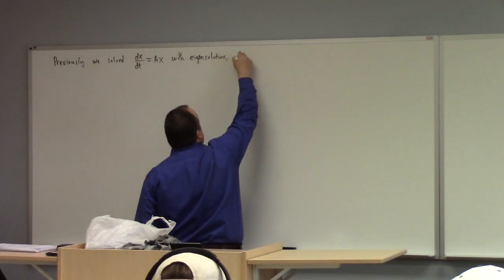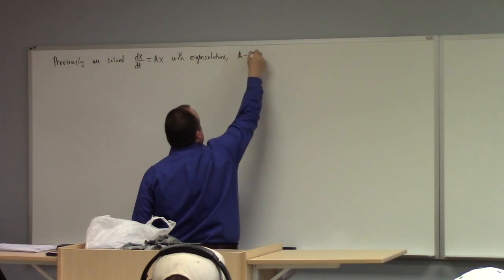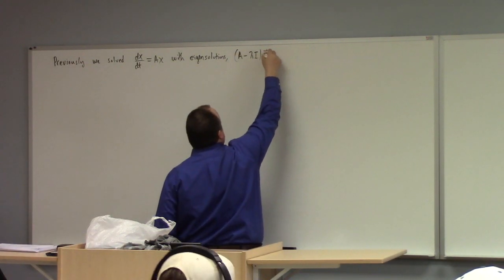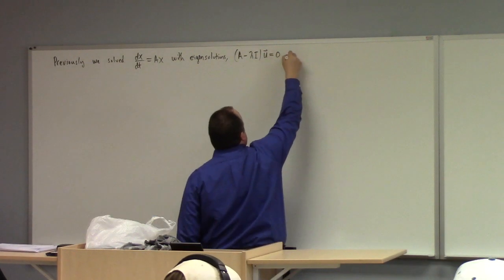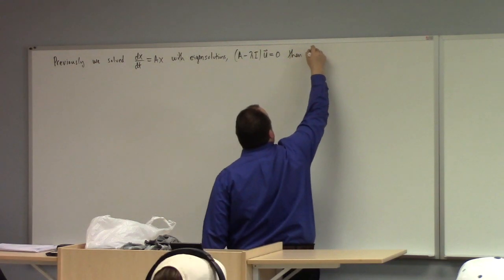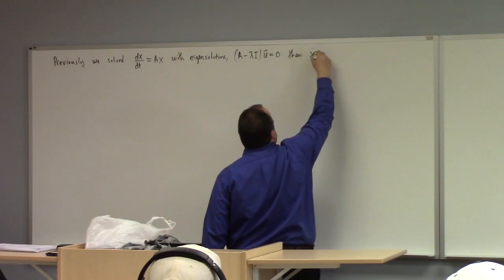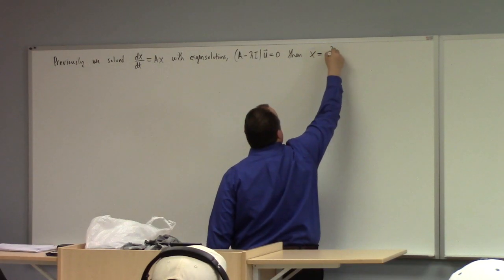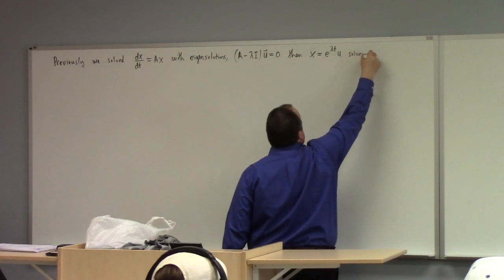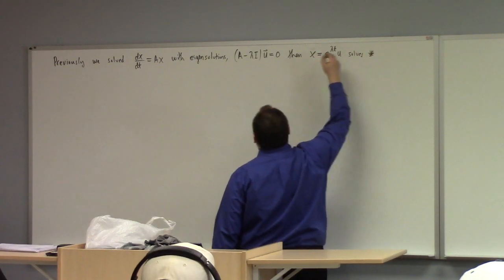Like if we had (A - λI)u = 0, then we talked about how x = e^(λt)u solves star, right?